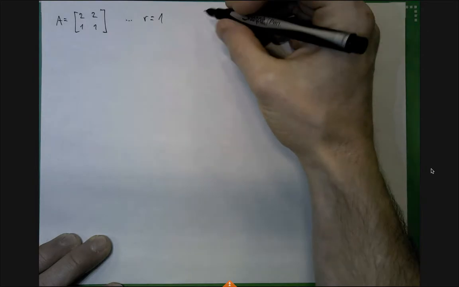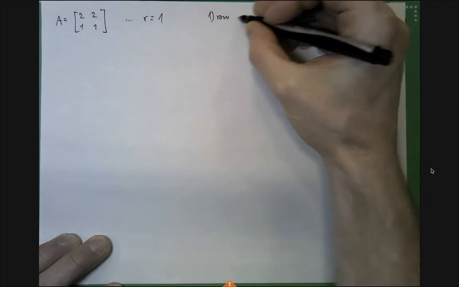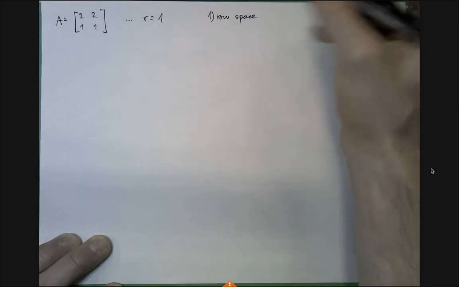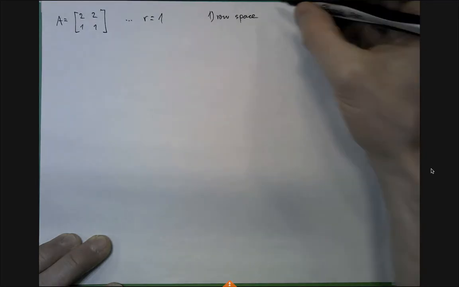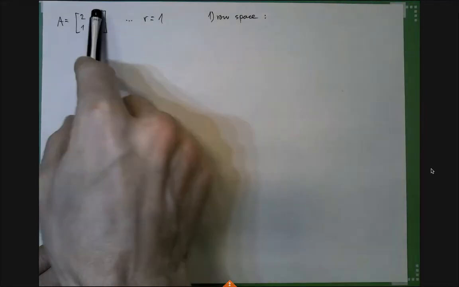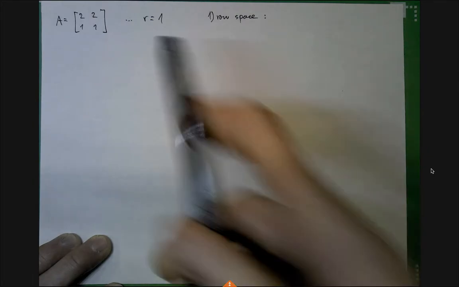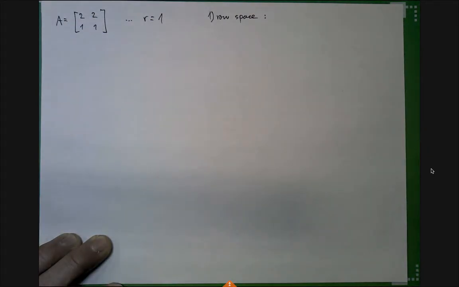So first, what is the row space? I want you to shout it at me before I finish writing. It's a linear subspace generated by the rows of the matrix, okay? So what vector would be generating it? You have multiple choices. I'm fine with whatever. 1 over 2 and 1 over 2.